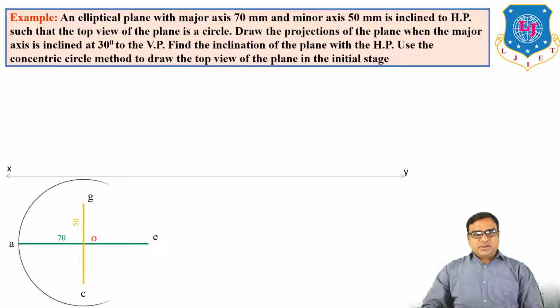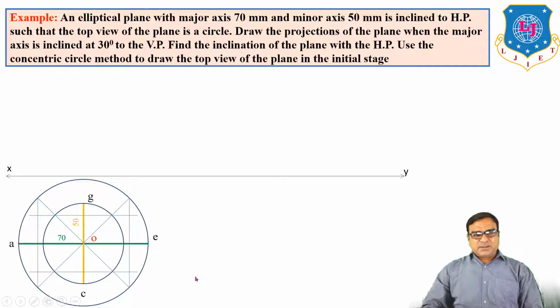In the concentric circle method, you have to draw one circle by taking O center, OE radius, and another with O center, OC radius. Divide the circle into n number of equal parts. Here we take 4 parts. From the point on the inner circle draw a horizontal line and from the point on the outer circle a vertical line, and you will get the point of the ellipse.